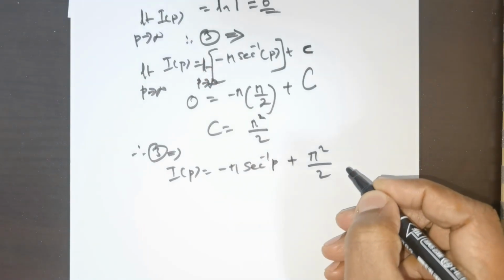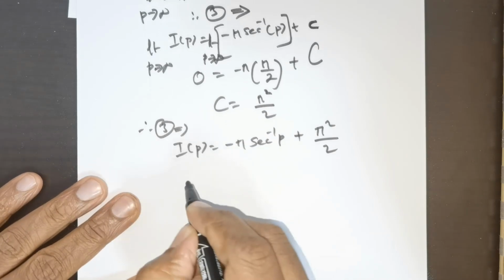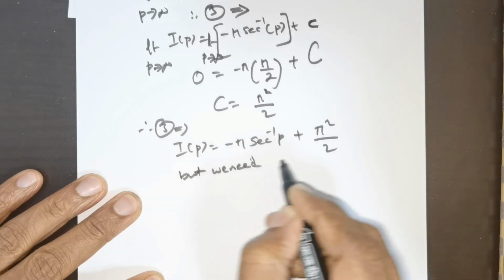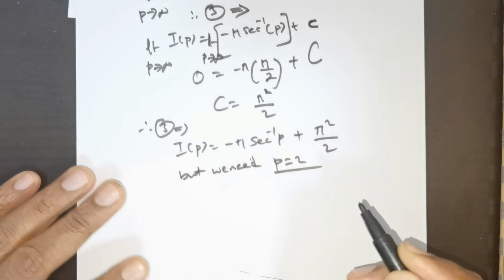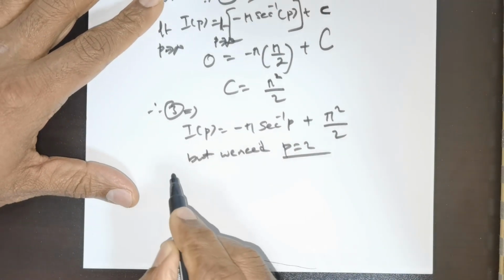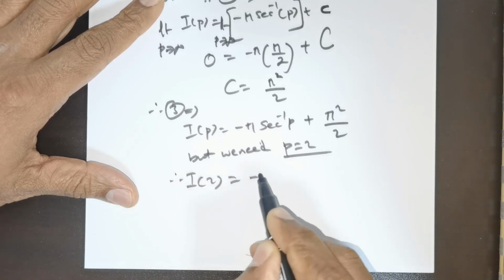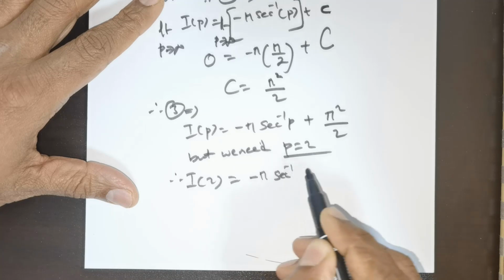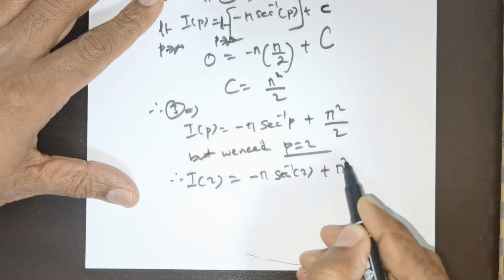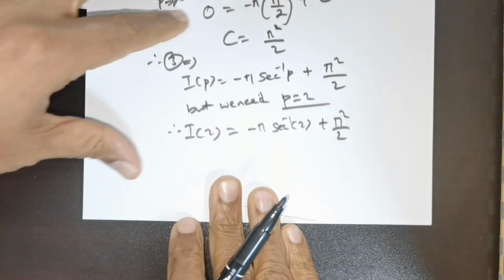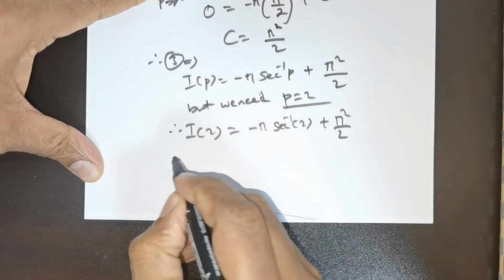But we need the value of p to be equal to 2. So therefore I of 2 is equal to negative pi times secant inverse of 2 plus pi squared over 2. Now you need to find secant inverse of 2. Let me show you how to find secant inverse of 2.